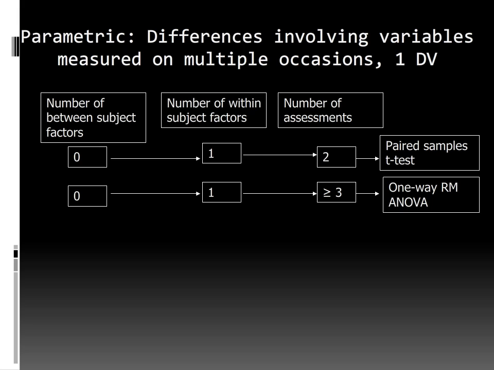If you are assessing athletes' competitive anxiety 2 hours, 1 hour, and 30 minutes before an important competition, there are no between subject factors, and there is 1 within subject factor, competitive anxiety, and that factor is measured on 3 occasions, 2 hours before competition, 1 hour before competition, and 30 minutes before competition. Therefore, it is most appropriate to use a one-way repeated measures ANOVA for the analysis.